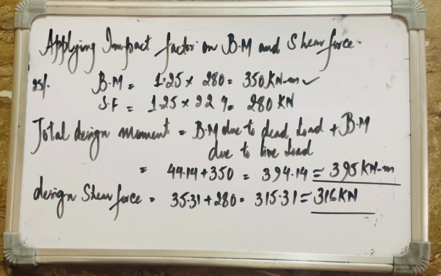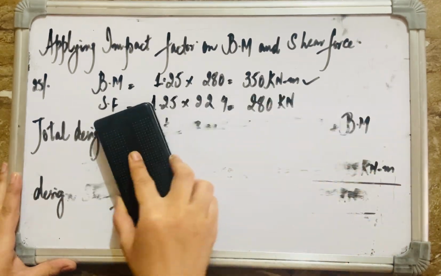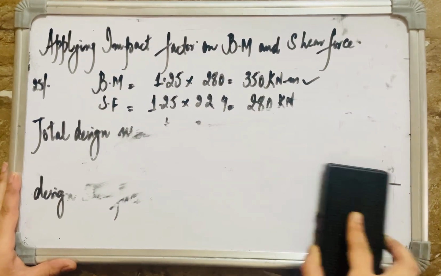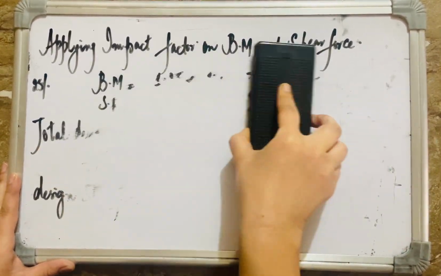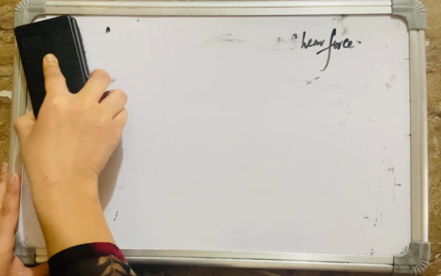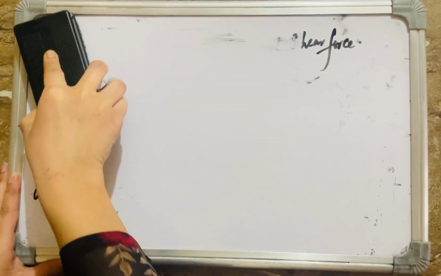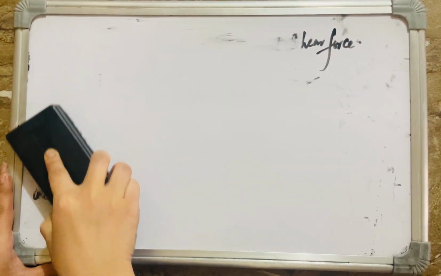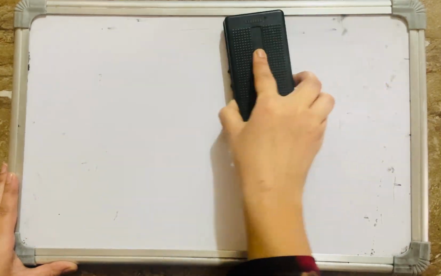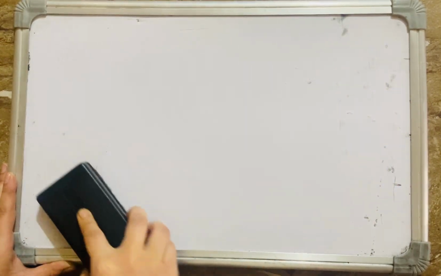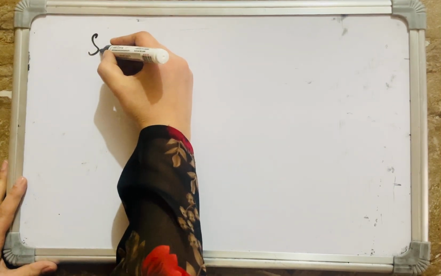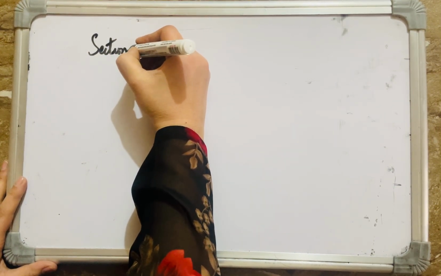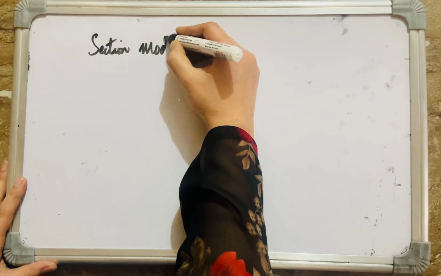All right. For that, I have to take section modulus first. Section modulus will give me what type of section I am proposing to be used for the stringer beam for the steel truss bridge that we are designing for IRC Class A tracked vehicle loading. How much is section modulus equal to?